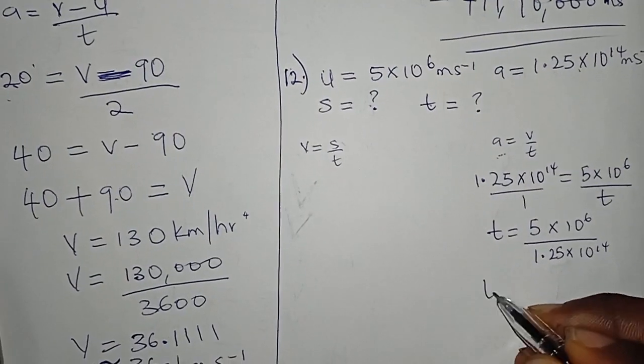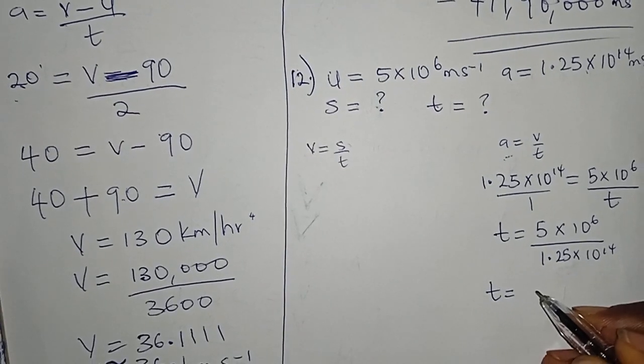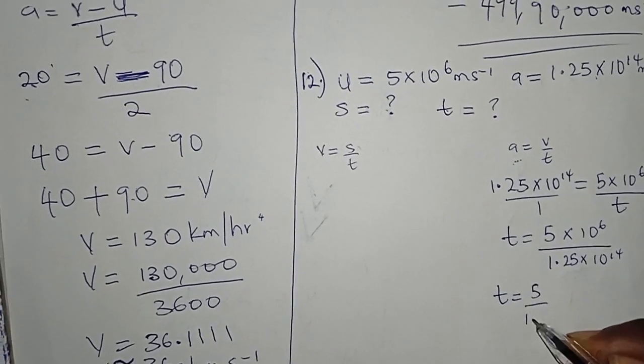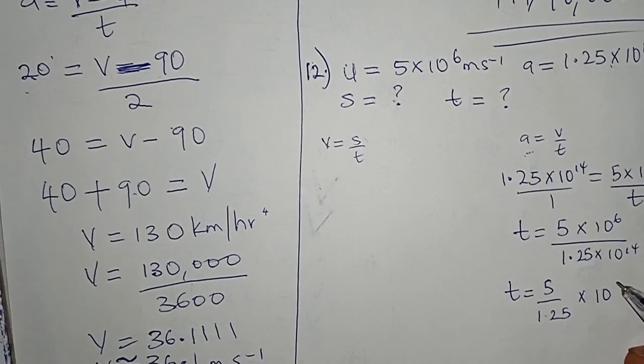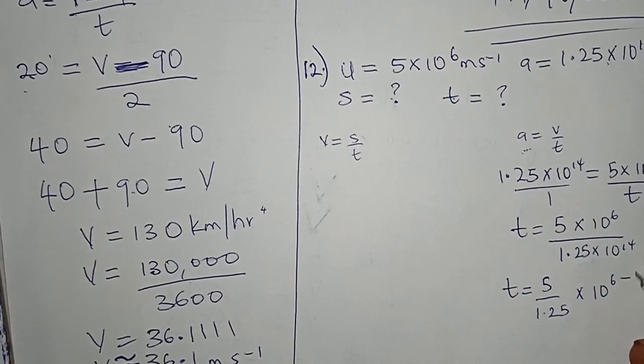So T is equals to, let's say I do 5 over 1.25 times 10 raised to the power 6 minus 14.